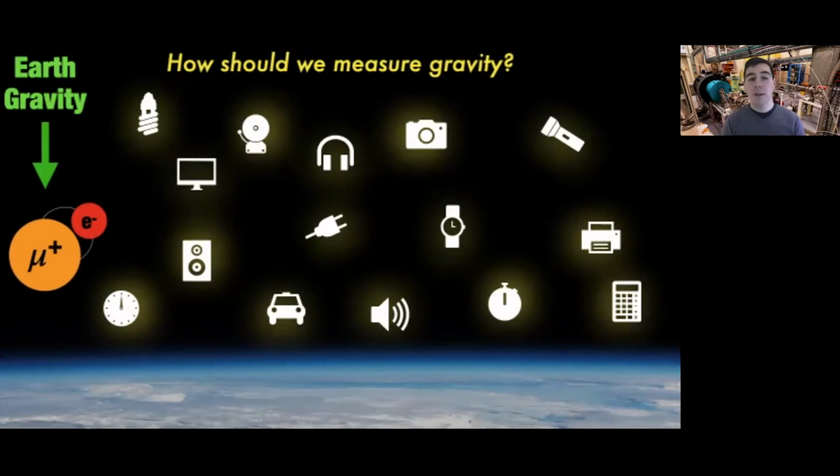And an experiment at the Paul Scherrer Institute uses this approach, but instead of the positron, they use an anti-muon. You can think of this as the heavy cousin of the positron. It's very similar, but has a much, much larger mass. So we can observe its motion under gravity as follows.